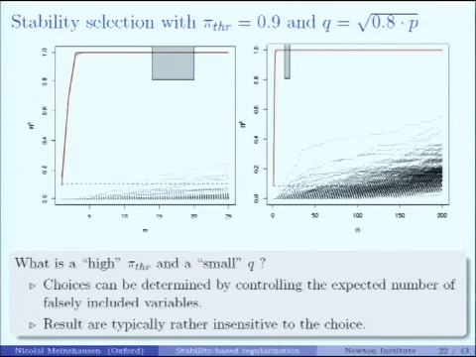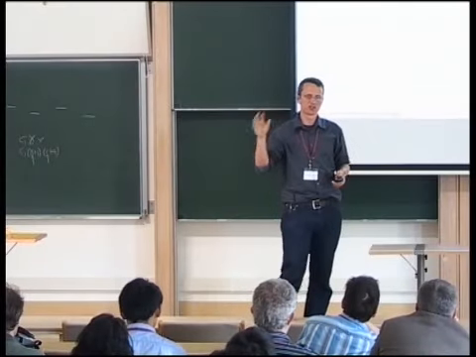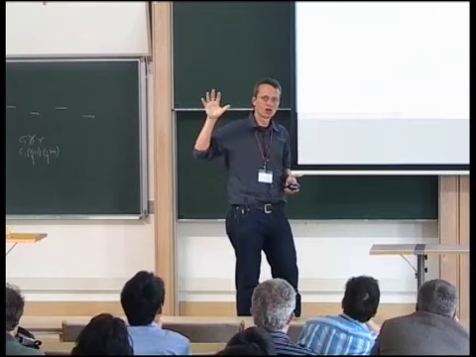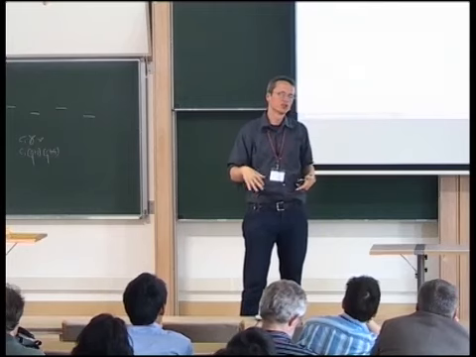But you've got to pick that box in a way, so you've got to pick the values of pi and q. But what you can do is say there's an intuition behind it, saying you can choose those values such that you exclude clear noise variables from being included in the model in the first place.